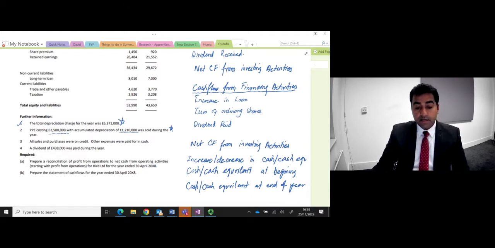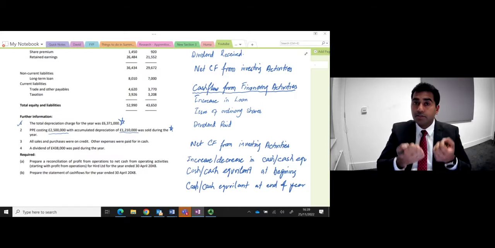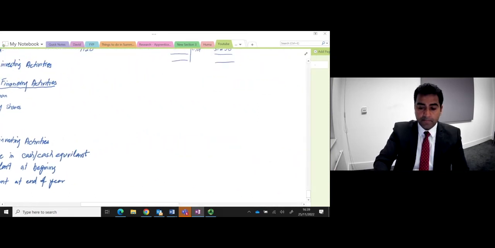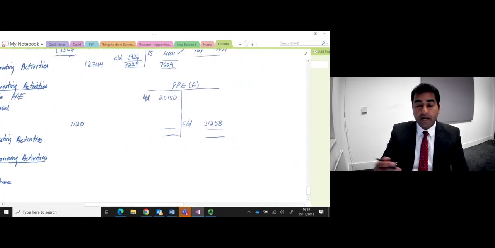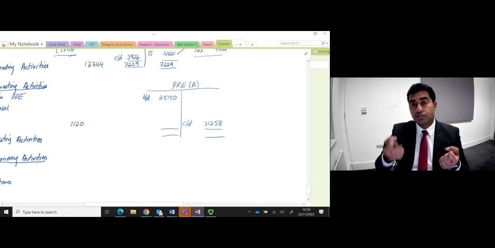The information 1 is telling us that the depreciation that has been charged during the year is 6.37 million. So this 6.37 million, let's first record this in the property, plant and equipment account. And you know that depreciation reduces the value of our asset. So if our asset is a debit balance, the depreciation should be a credit balance to reduce it.